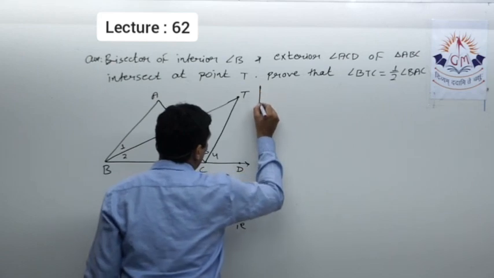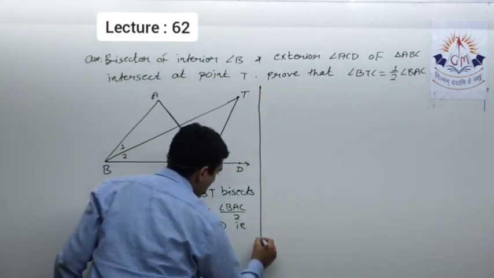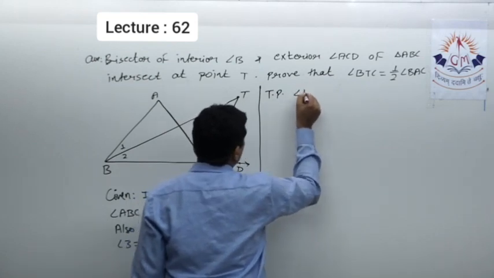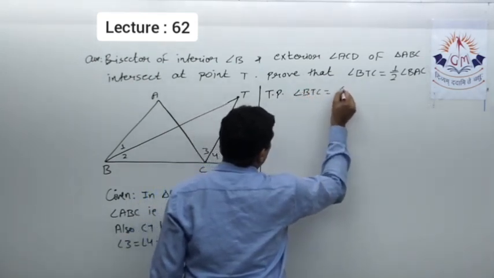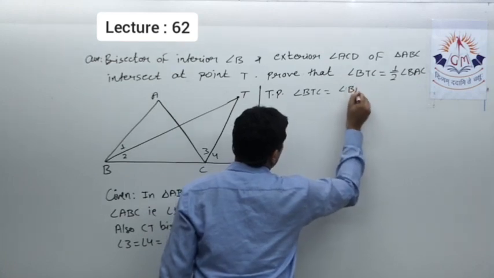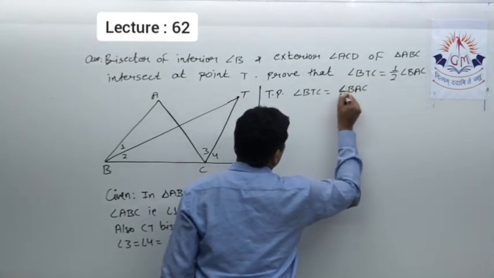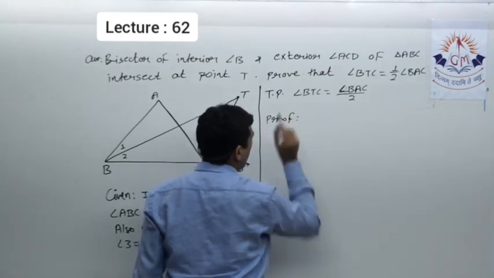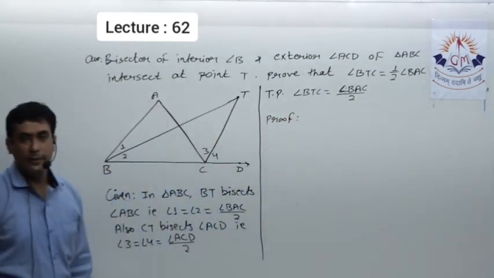And what we need to prove, angle BTC is equal to angle BAC by 2. Now we'll see its proof. So before I give you the proof, think for a while.